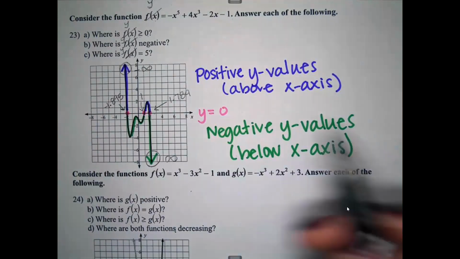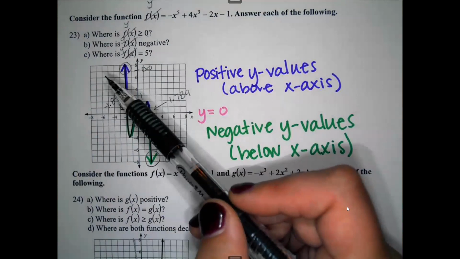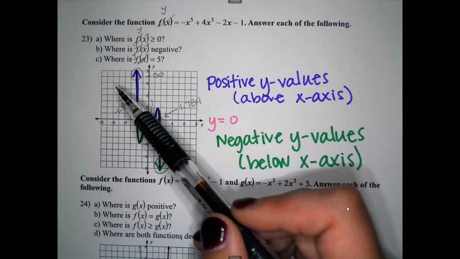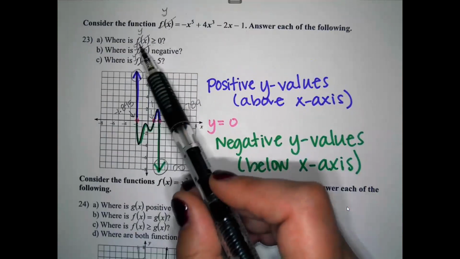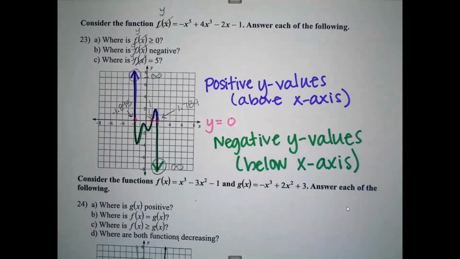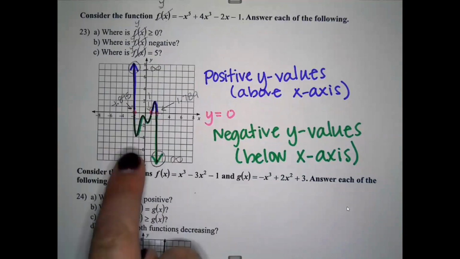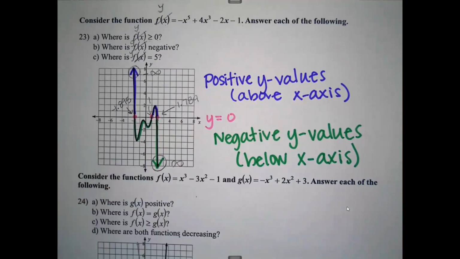All right. So if we're going to write the answers for A, B, and C, for A, it says, where is y greater than 0? Is greater than 0 going to be the positive y values or the negative y values? Positive.